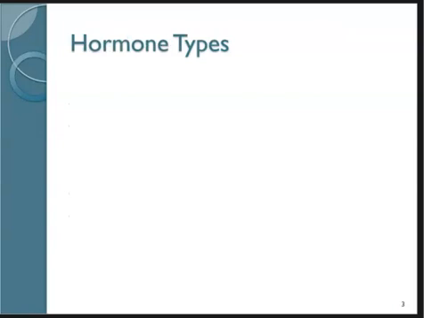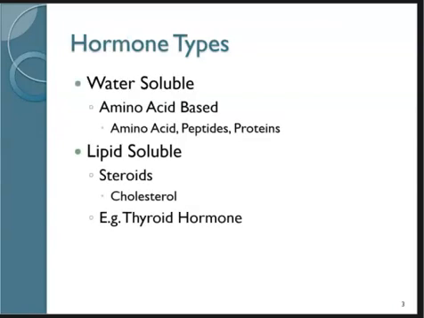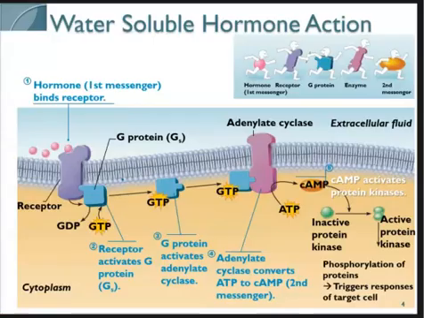In terms of hormone types, you want to remember that there are water-soluble and lipid-soluble. Water-soluble are amino acid-based, while lipid-soluble are, as the name says, soluble in lipids, generally steroid-based. So they act differently in our cells.